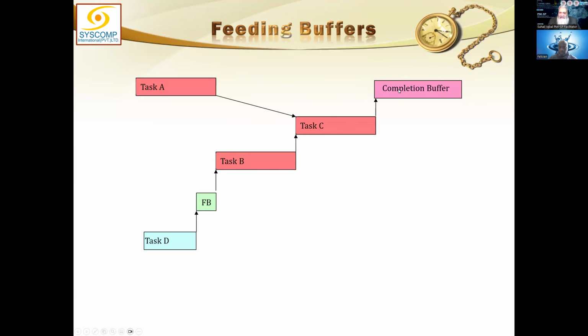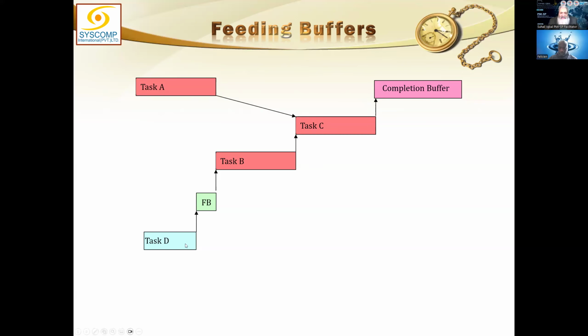For example, this is the completion buffer, the project buffer. These are the normal activities. This is a task D, which is not critical, but when it finishes, task B gets started.